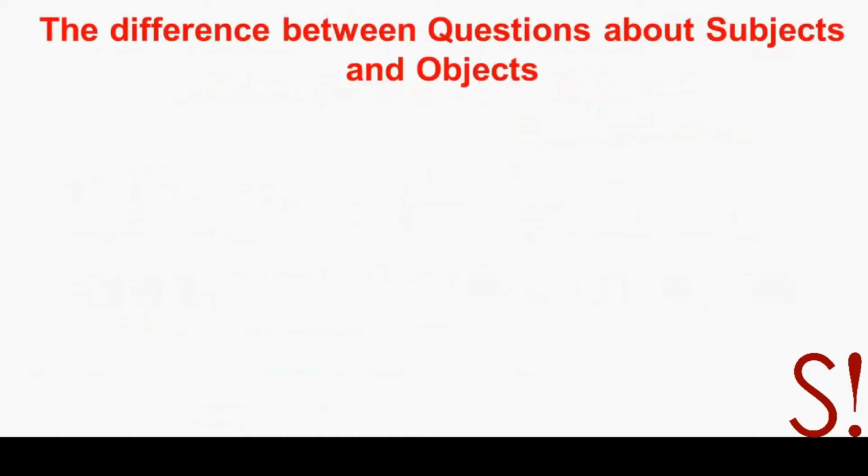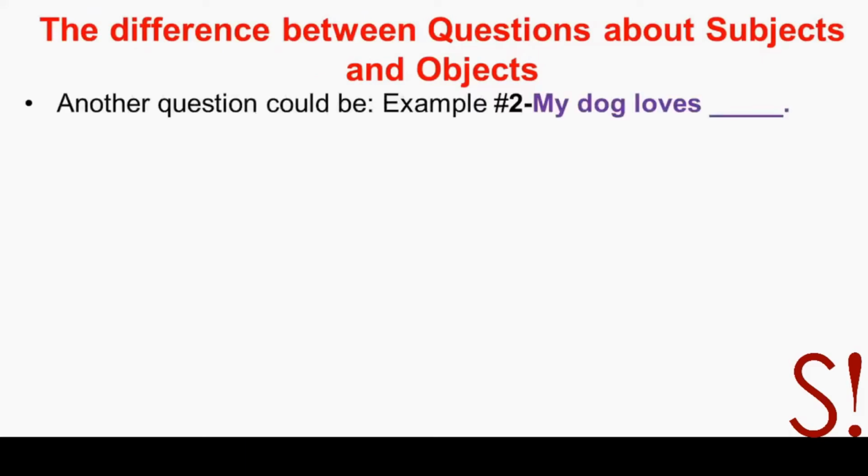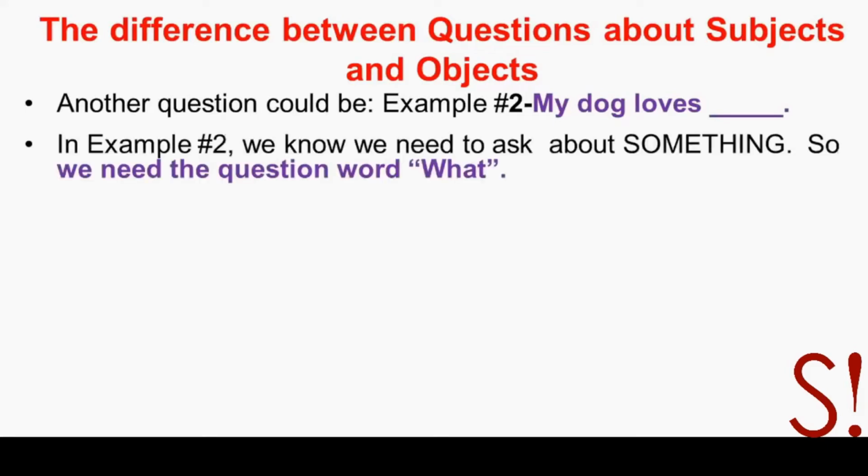The difference between questions about subjects and objects. Another question could be, example number two, my dog loves blank. In example number two, we know we need to ask about something. We need the question word what.